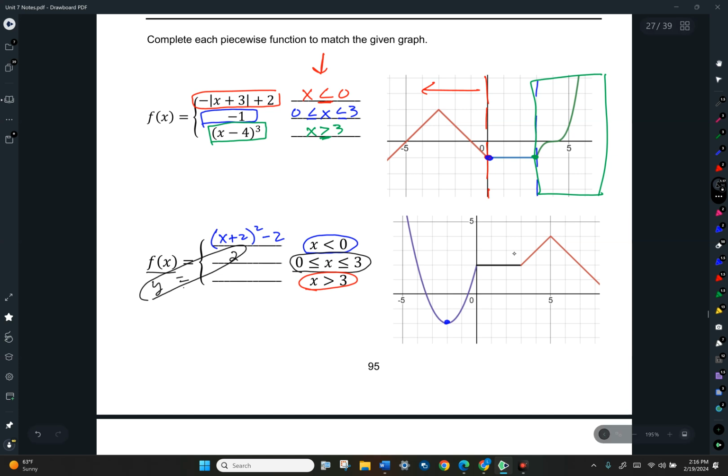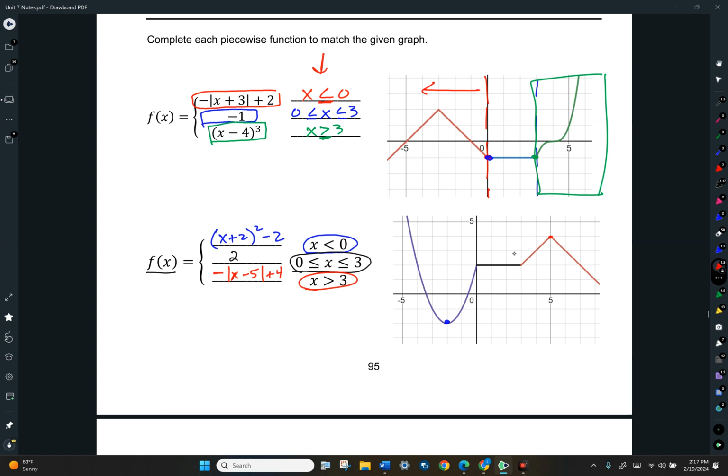Okay? And then the third piece is that absolute value graph. And the first thing I can tell is that it's opening down, so there's a negative. Okay? For my absolute value, do you see that the peak of the absolute value, it looks like it was moved 5 units to the right, so x minus 5. And then it looks like it was moved 4 units up, so plus 4.